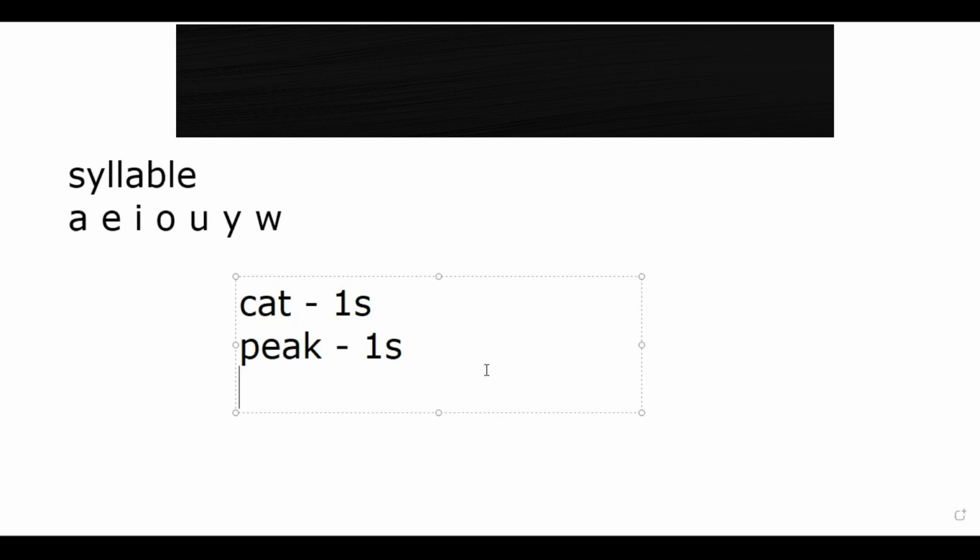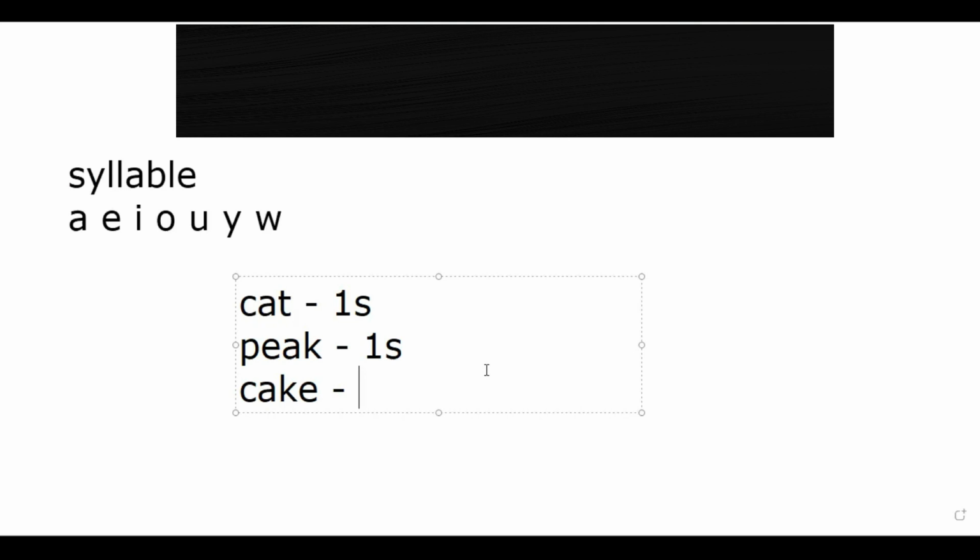Already we have seen about digraph. Digraph is nothing but 2 letters making 1 sound. Trigraph, 3 letters making 1 sound. Quadgraph, 4 letters making 1 sound. So, just identify how many syllables are there in a word by hearing the sound of the word. The word is C-A-K-E. How many vowels are there now? 2.